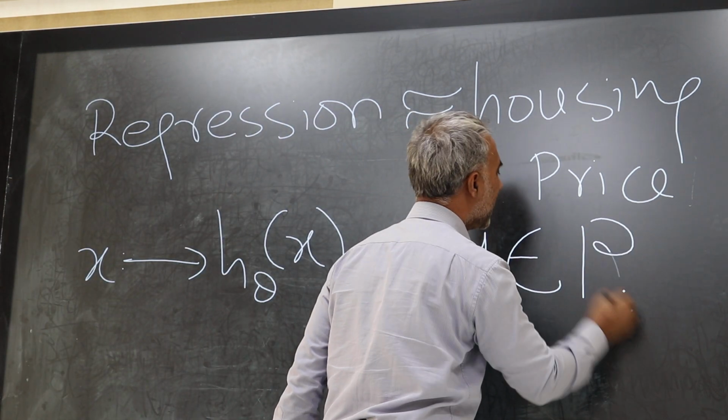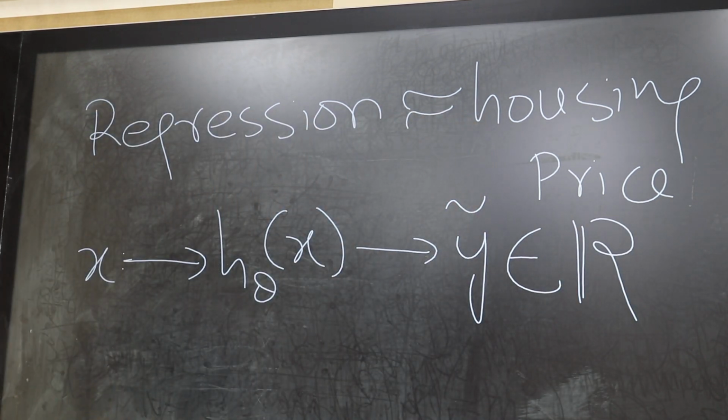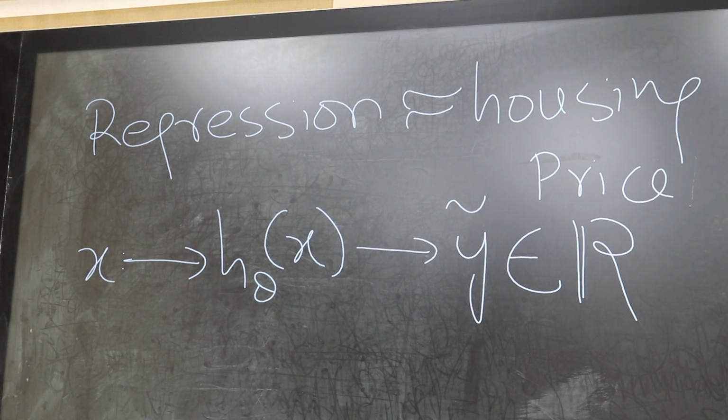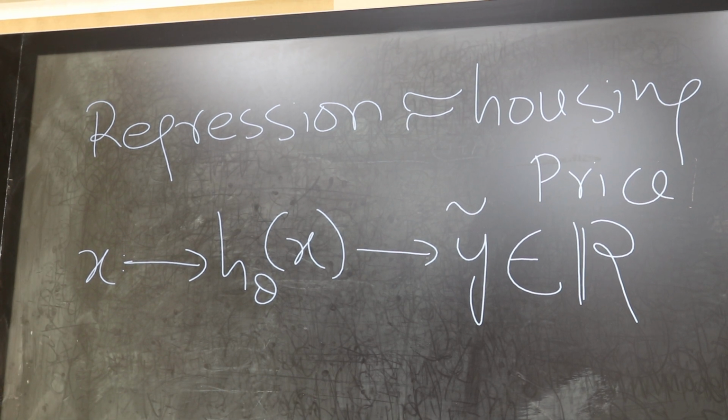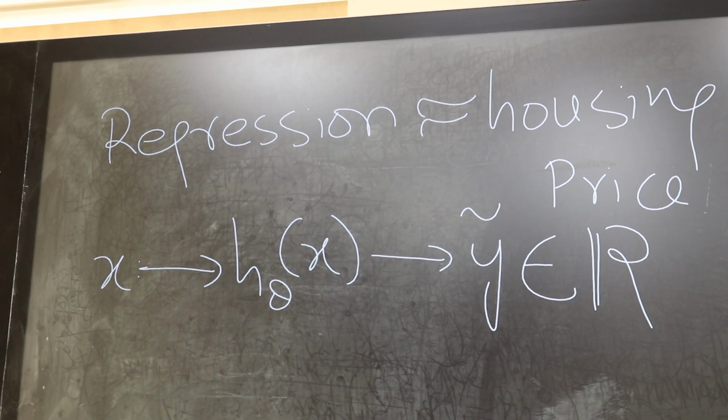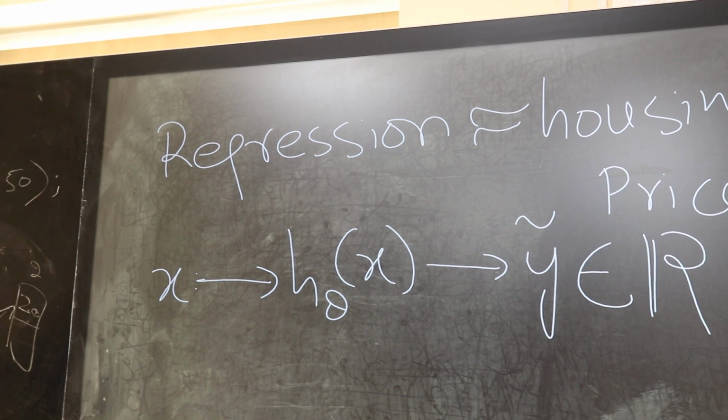It belongs to real numbers, like 2 lakh, 3 lakh, million. Regression is predicting the continuous pattern, for example, between a lakh and 10 lakh, any number among the continuous data. A number is one discrete, I can understand, but it belongs to a continuous pattern, right? Continuous data. So this is the regression.